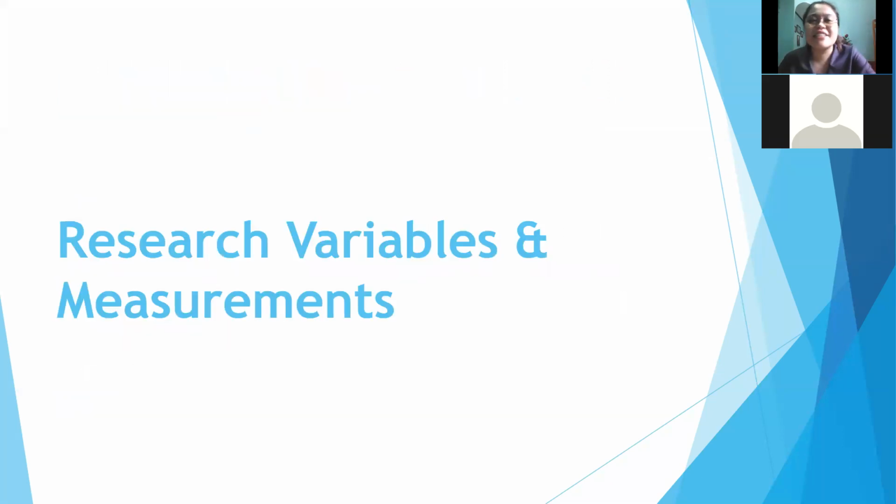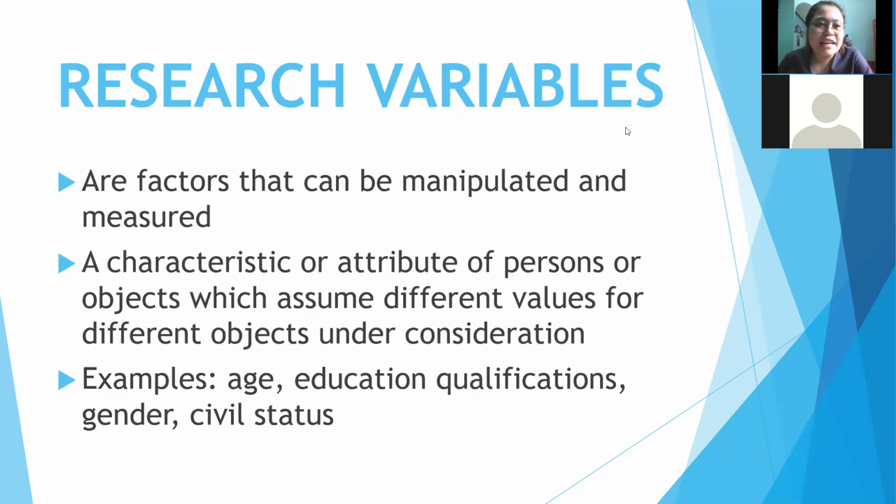Let's discuss the research variables and measurement. This is in preparation for your research. When we say research variables, these are the things or factors that we are manipulating in our study, and these are things to be measured, the ones we take measurements from.